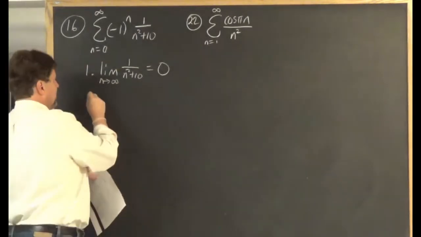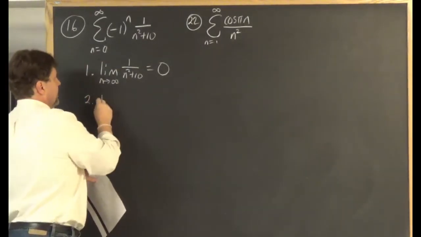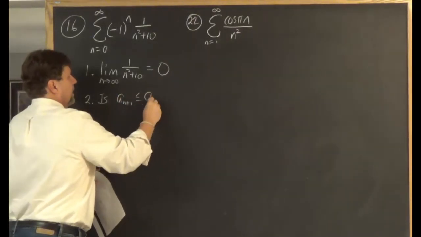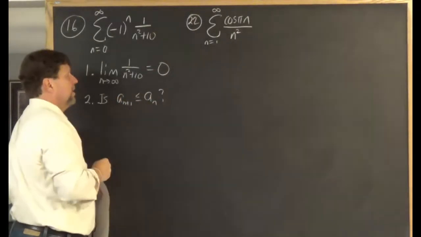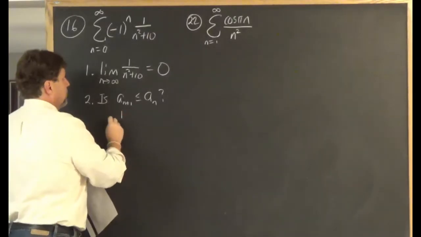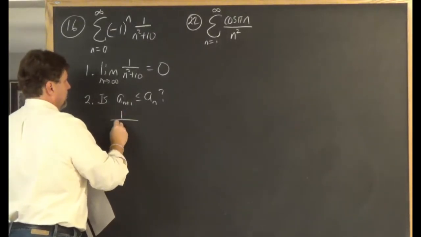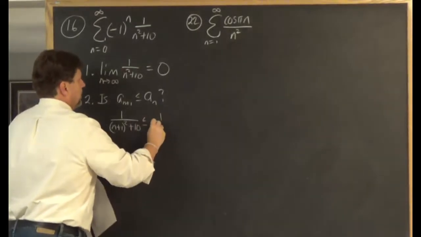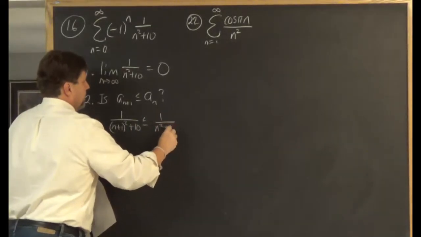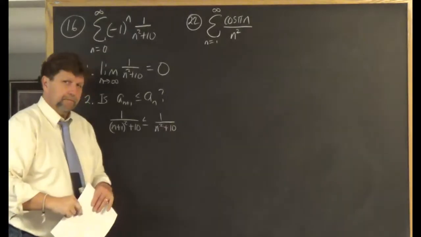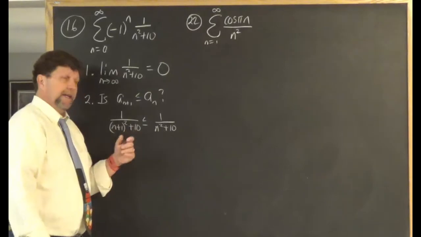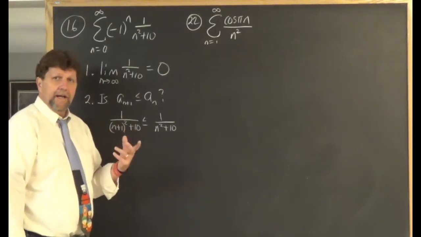So now we check the second part of the alternating series test. And the second part, remember, is a sub n plus 1 less than or equal to a sub n. Well, a sub n plus 1 is 1 over n plus 1 squared plus 10. And so we look at this inequality. I think I can easily claim this inequality is true. It's the denominator argument.